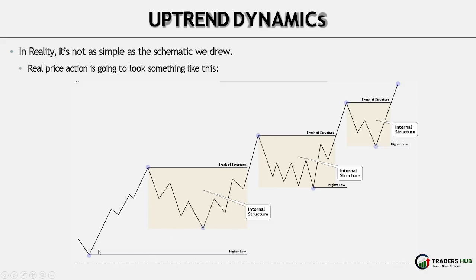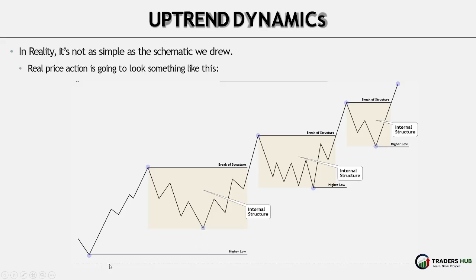Now this is the main structure. All of this here is internal structure, and it is usually more visible on the lower time frame. We're going to see that moving forward.